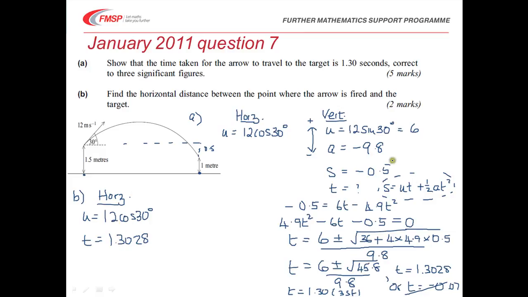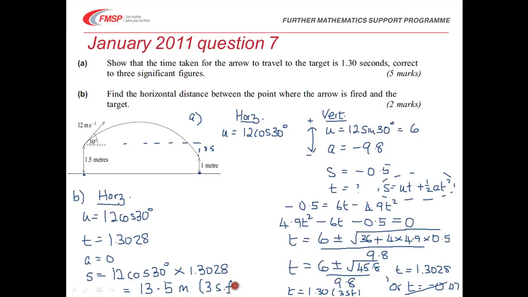Again, we could be using s equals ut plus a half at squared, but of course horizontally the acceleration is nought. Let's remind ourselves that horizontally there are no forces acting, so no acceleration. That implies that s is equal to 12 cos 30 times 1.3028, and if you multiply that out it comes to 13.539, which we would write as 13.5 metres to three significant figures.